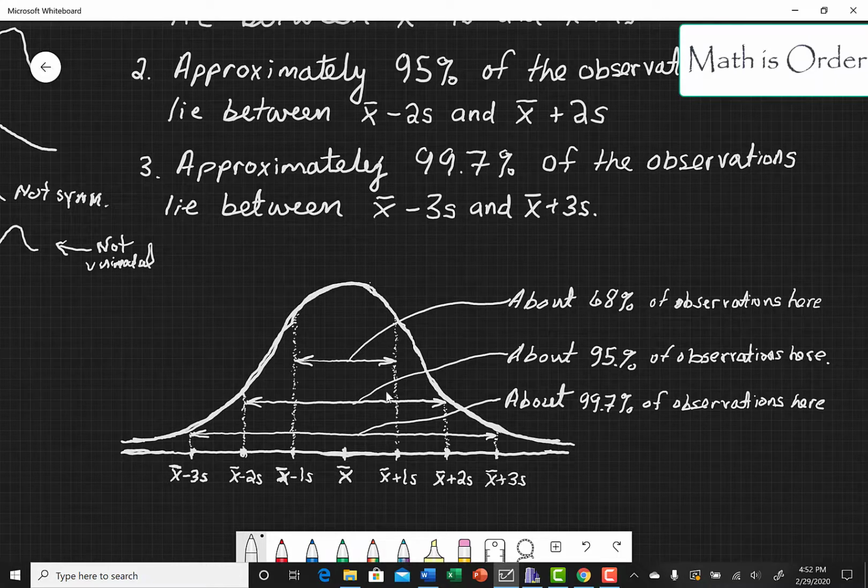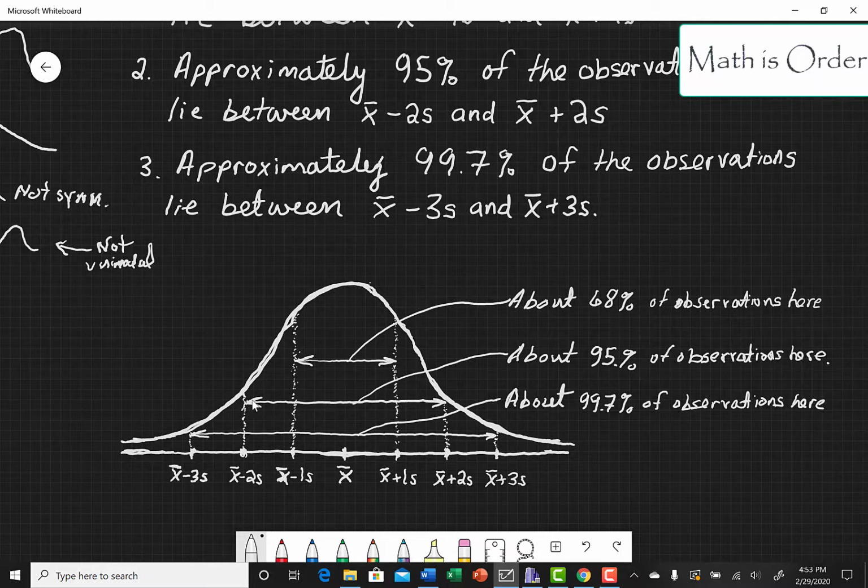X bar here represents the mean, and S represents the standard deviation. So within one standard deviation, that is this region here, about 68% of the observations lie within one standard deviation from the mean.